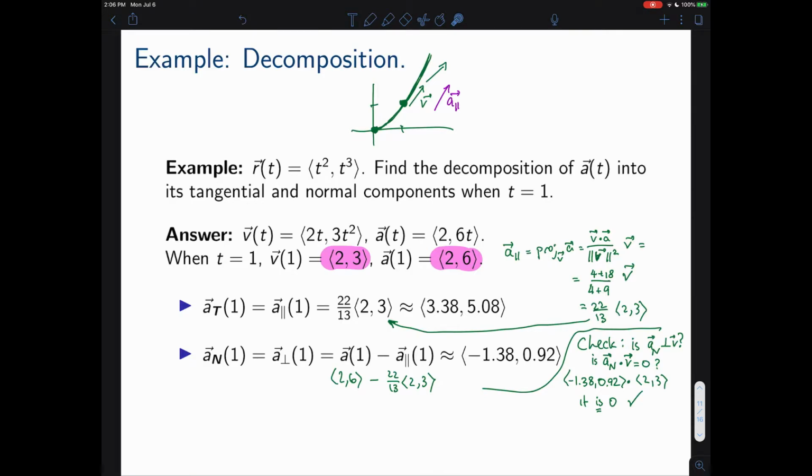And we also found that the normal component has a negative x direction and a positive y direction. So the A normal is pointing off to the side, pointing to the left and up, like this. Maybe I should move this parallel vector to be actually on the point. It makes the drawing fairly crowded.